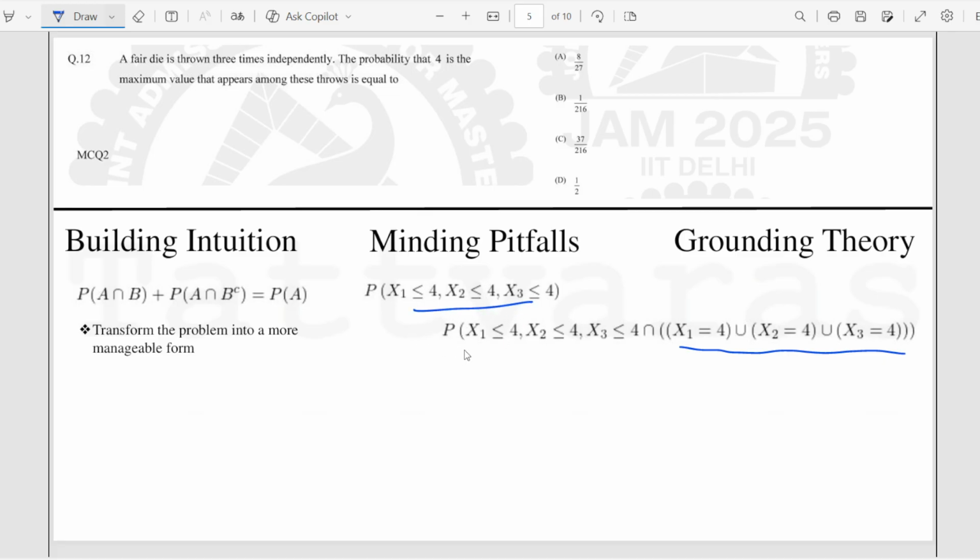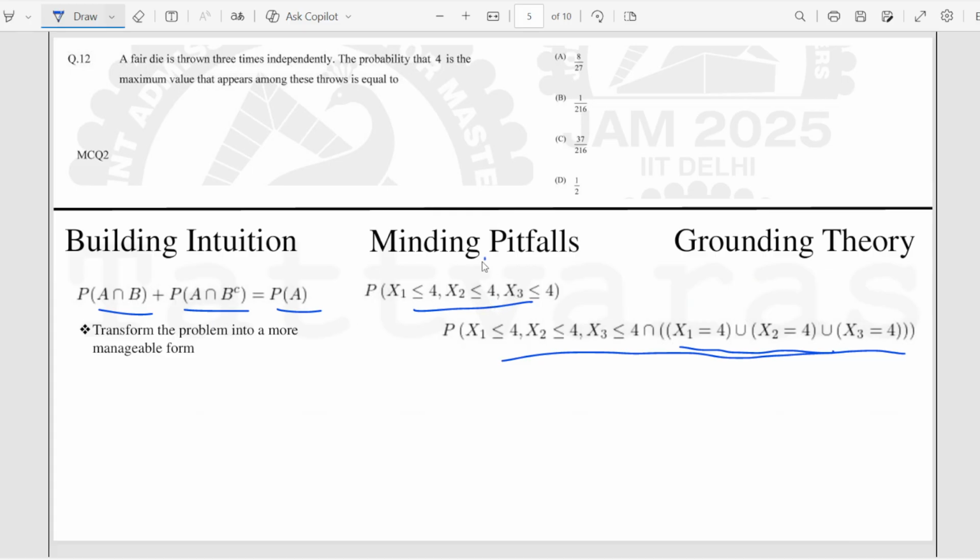We know this thing, and this probability is essentially this event intersected with something, and we know this very simple set theory based probability lemma.